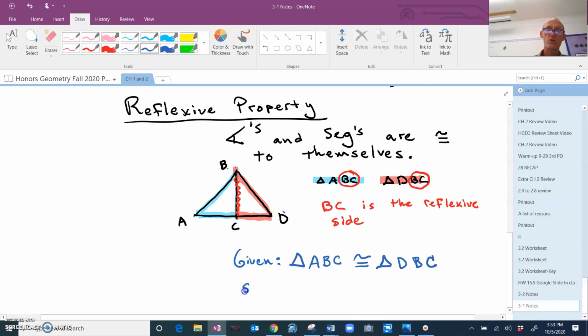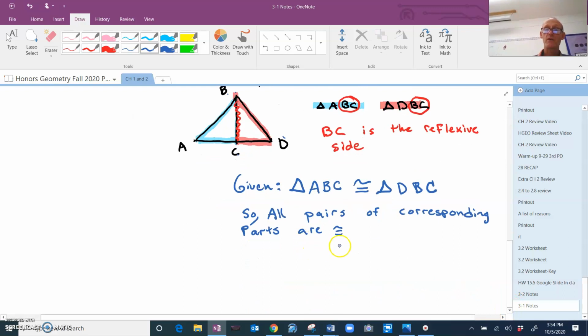Now, so all pairs of corresponding parts are congruent. Now, there are 6 pairs. We have 3 angles and 3 sides.